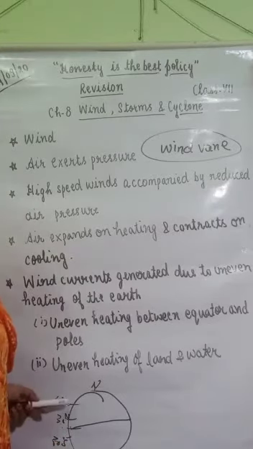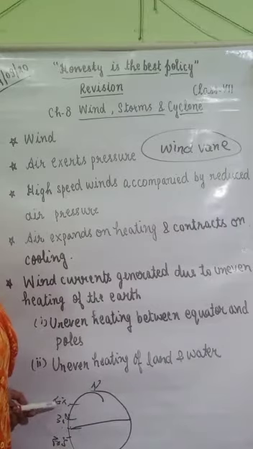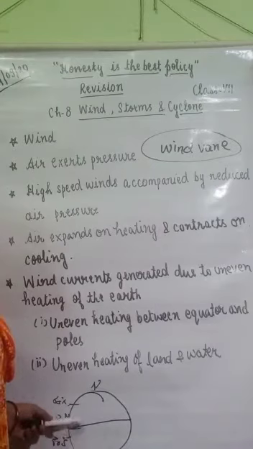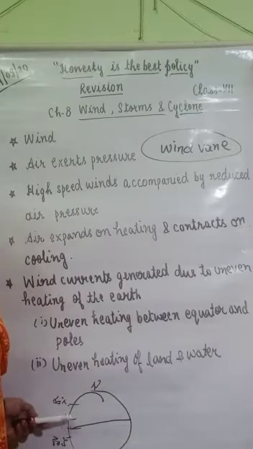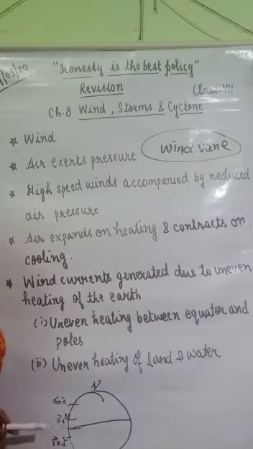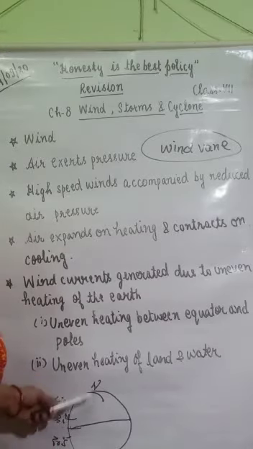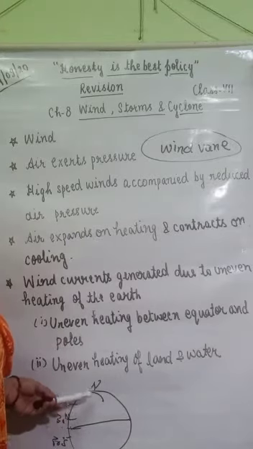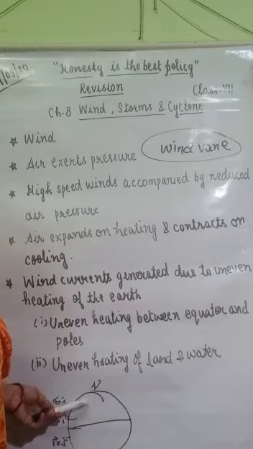So the 0 degree to 30 degree latitude belts on either side of the equator move in, and these winds blow from the north and south towards the equator. At the poles, the North Pole and South Pole, the air is colder than at the latitude of about 60 degree.